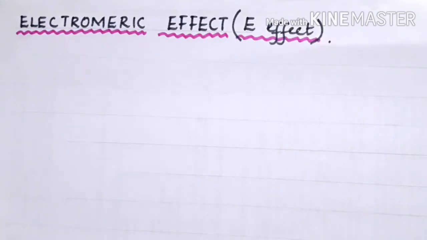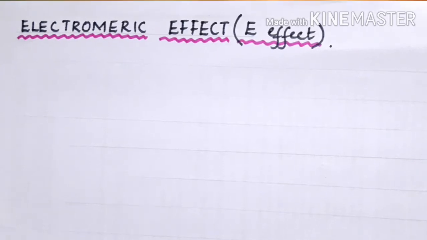Electromeric effect involves complete transfer of electrons of a multiple bond to one of the bonded atoms in the presence of an attacking reagent. Take the example of the carbonyl group.